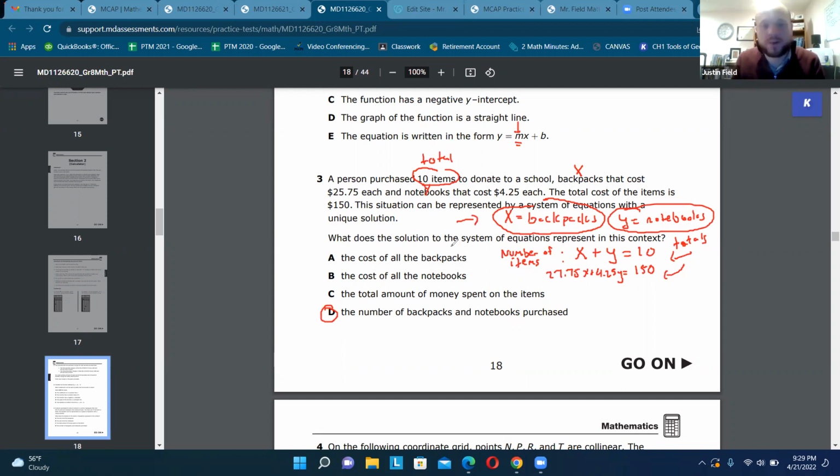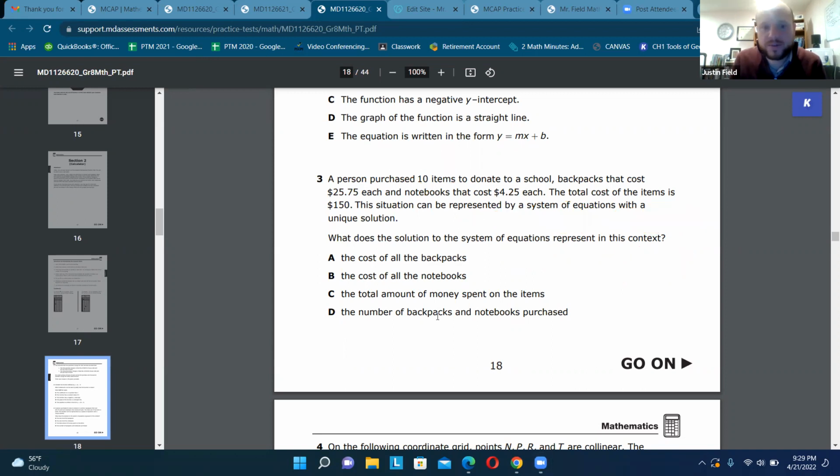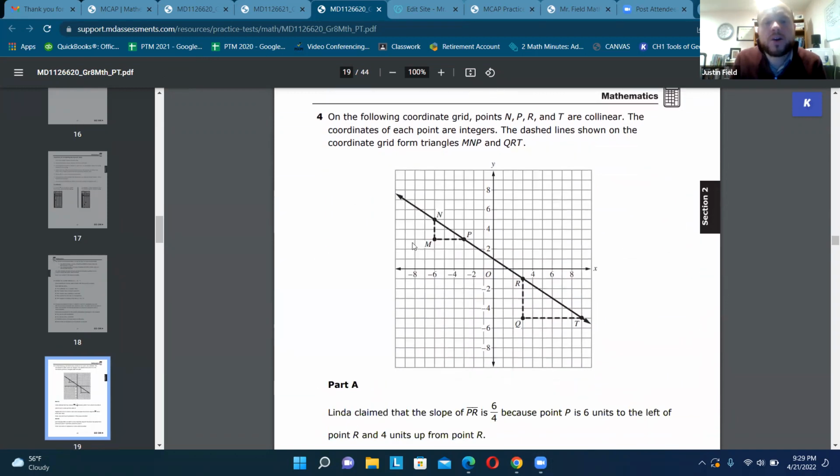Remember in the problem above when I didn't define my variables. That's why that's important. You don't want to solve a system and then not know what the answer is. If we did want to solve that system, I would have taken the x plus y equation and put it in slope-intercept form so I could substitute it.